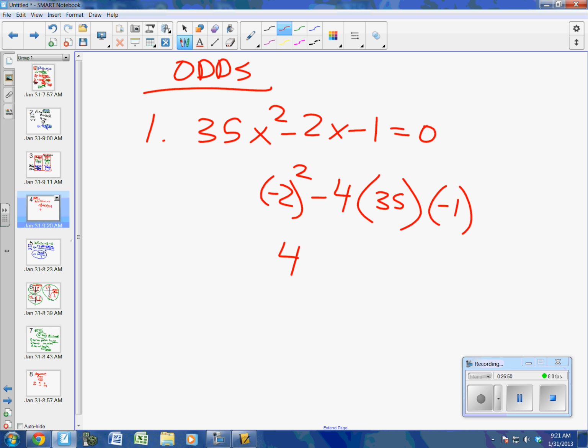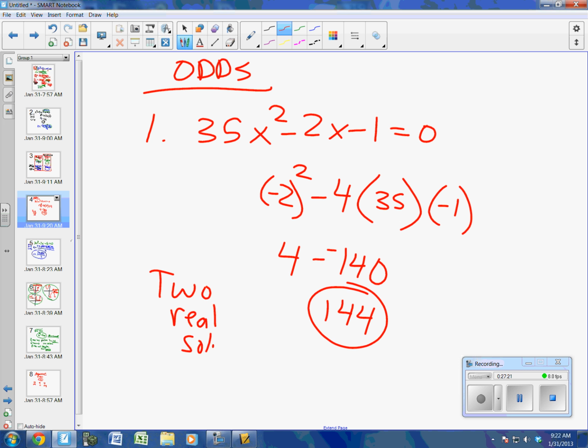That's going to be 4, and that's going to be 4 times 35 is 140, times a negative 1 is a negative 140. 4 minus a negative 140 is positive 144. Since I got a positive number, what kind of solutions or roots am I going to have? 2 what? 2 real solutions, right? Yep. That's the answer. 2 real solutions.